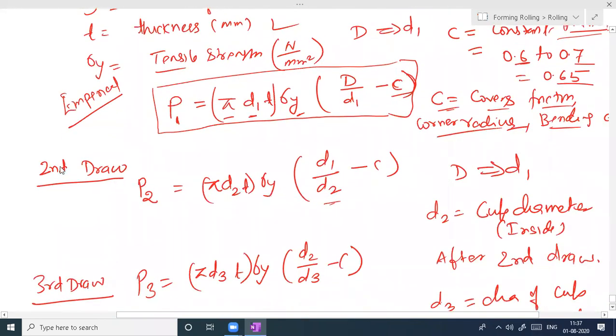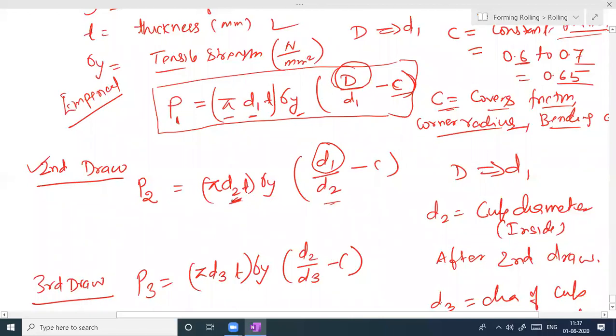Similarly, for the second draw you can calculate the load. Please write down simultaneously. D2 will be the final diameter of the cup after the second draw, and the blank diameter D will change to D1. That is the only change here.